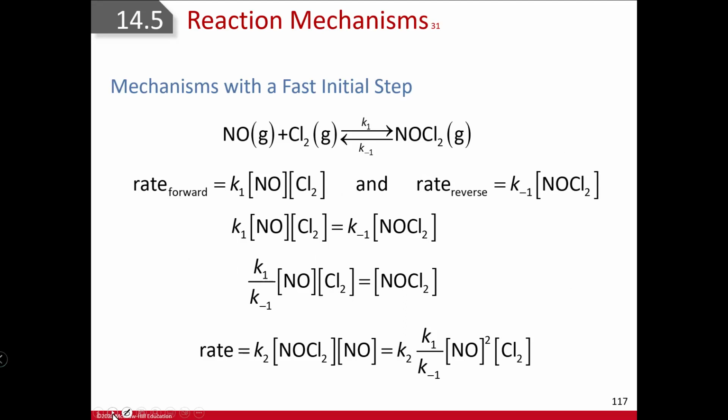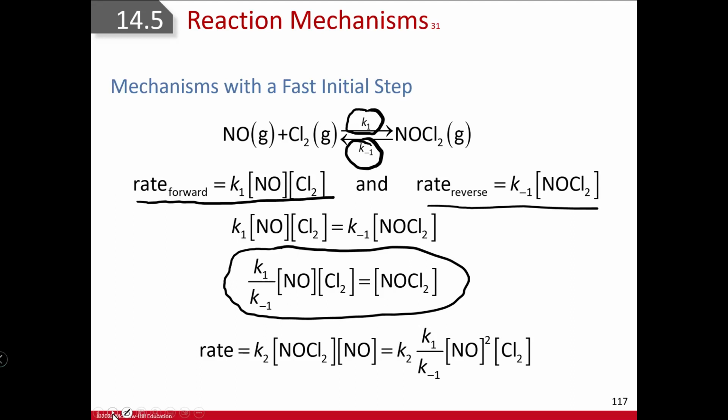So here we go. The rate of this forward reaction looks like so. Makes sense. That's the rate law, right? The rate of the reverse reaction looks like that. So we set these two things equal to each other. So the rate of the forward reaction, k1, and the rate of the reverse reaction, k-1. We set those equal to each other, and we get this relationship.